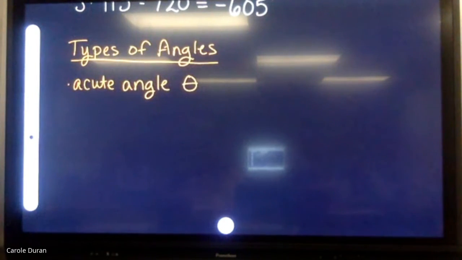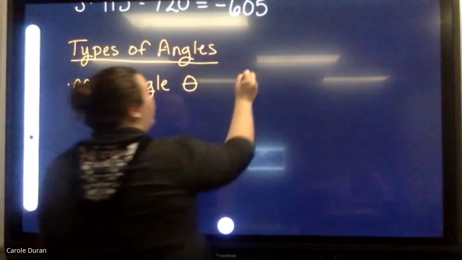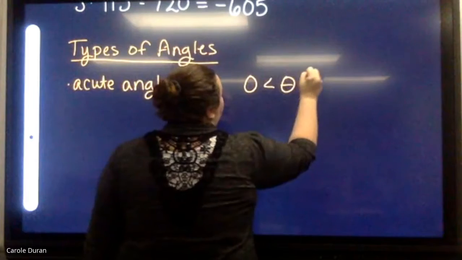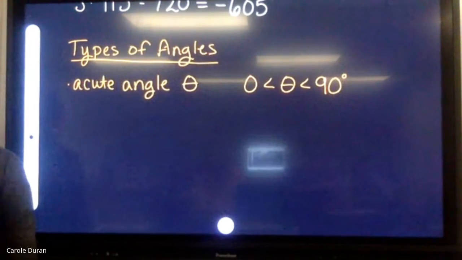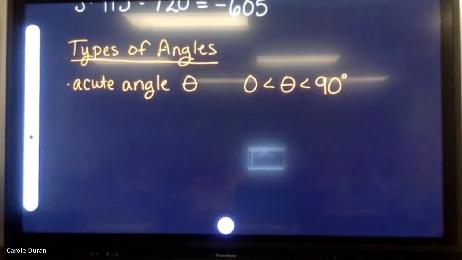What is an acute angle? Angle less than 90 degrees. Okay, so because we also have negative angles here, we need to clarify a little bit better. An acute angle is any angle between 0 and 90 degrees. So greater than 0 but less than 90. Because technically negative 115 is not an acute angle.